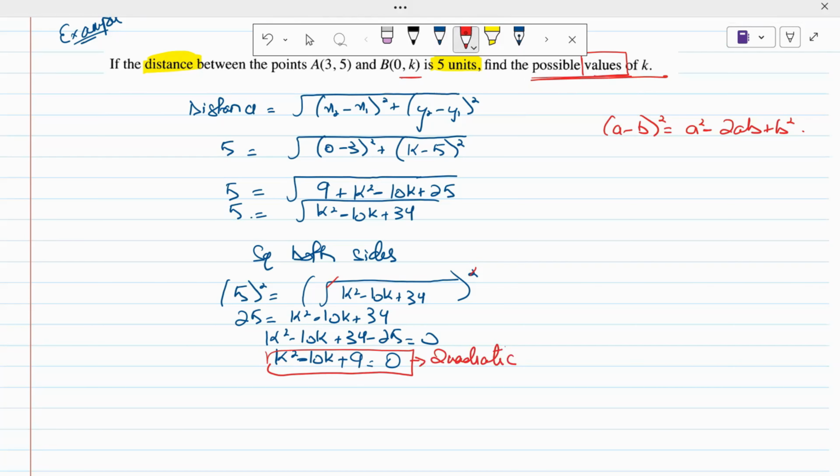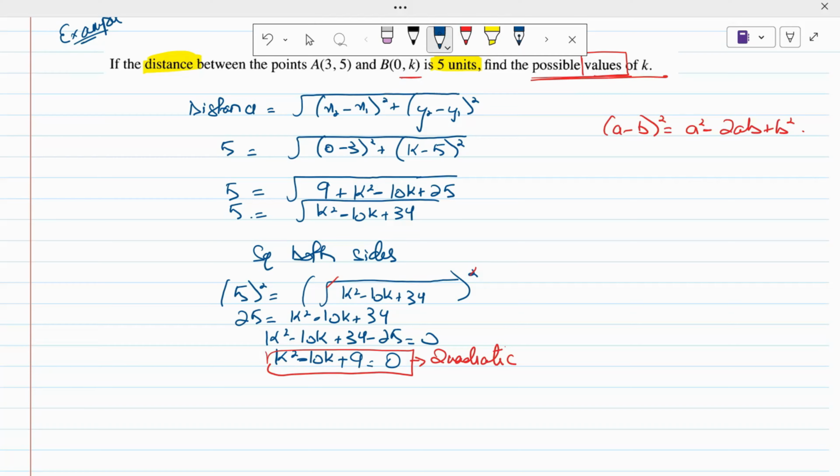And to solve this quadratic, you can either use the calculator directly or the middle term break method. So if it's a paper without calculator examination, that means you should be able to do it with the help of factorization.